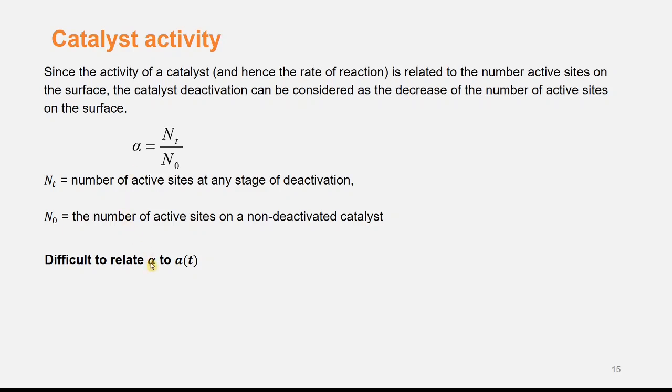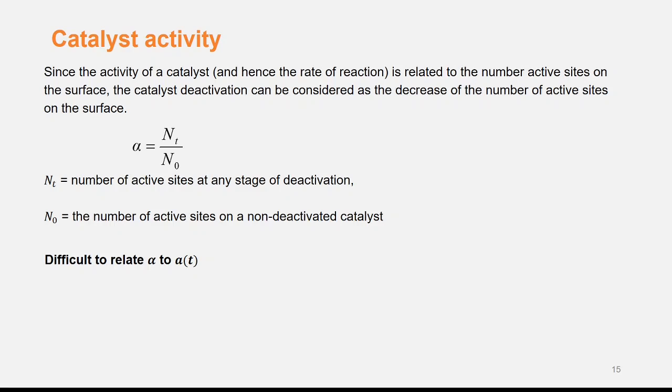Although alpha and A of t are related, it is difficult to find a mathematical expression relating them because the reaction rate that we can measure is limited by all of the steps in the catalytic process. So for example, including external diffusion or internal diffusion.